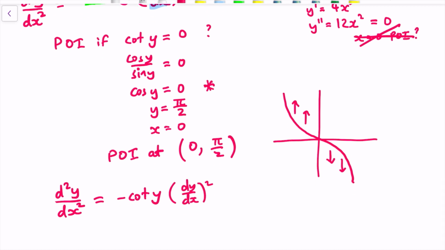The squared part here is always greater than 0. We've already talked about how dy dx is never 0, so therefore this part must be greater than 0. And so it really just depends on the sign of cotan of y. And you can argue that cotan of y means, well, what does the cotan graph look like?